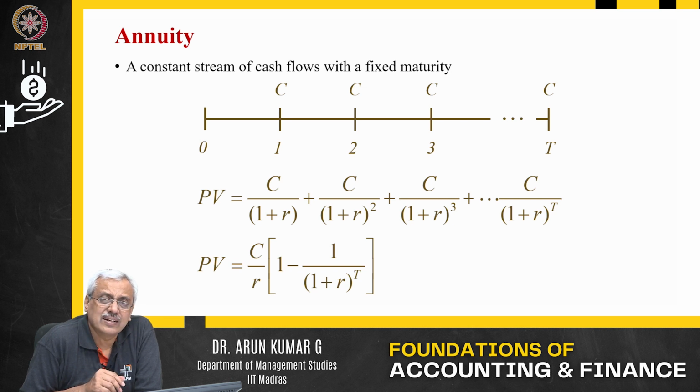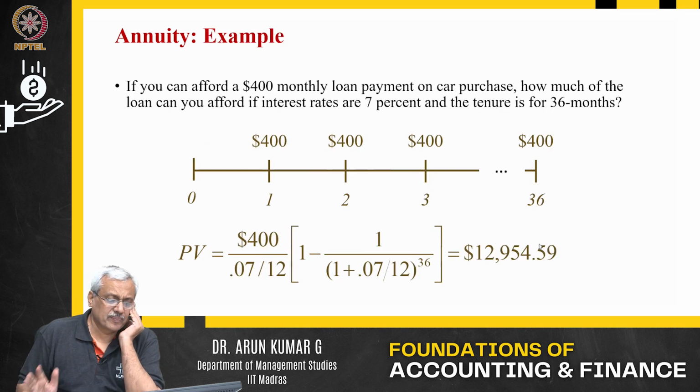So, how do I find that? My cash flow that is going to occur constantly, there is no growth, divided by my discount rate R, into 1 minus 1 by 1 plus R to the power of T, where T means the time period. I will take up an example.